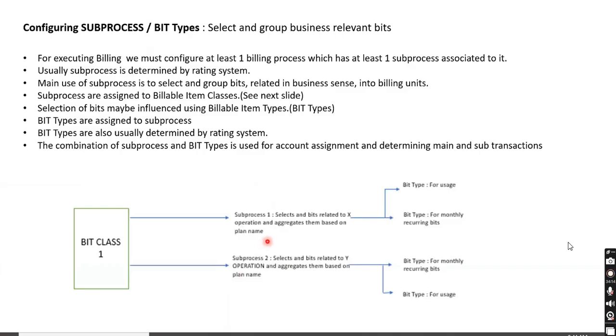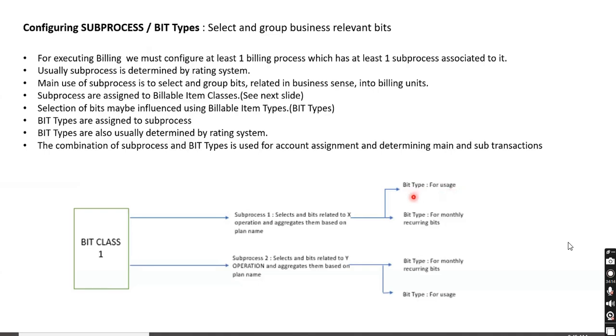Now in each plan we can have usage bits or we can have recurring bits. What are recurring bits? That is your plan. Every month you have to pay say 200 rupees. This is your monthly recurring bits. There can be usage bits also, that is you have a download restriction. Say up to 1 GB your download is free, unlimited streaming is there, but for download we do usage.